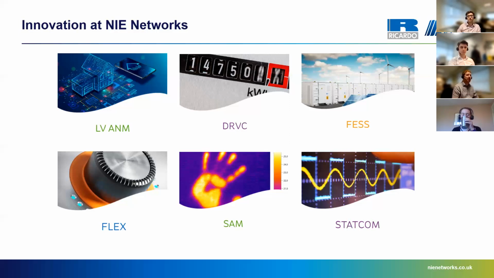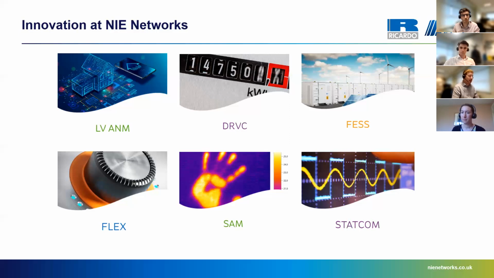And traditionally, to address those, what we would have had to do would be to invest in new circuits, new substations, bigger transformers, all that kind of thing, and basically a range of different capital investment solutions, some of which could be expensive and could be dealing with potentially a short period of overload, maybe during a winter peak or something like that.